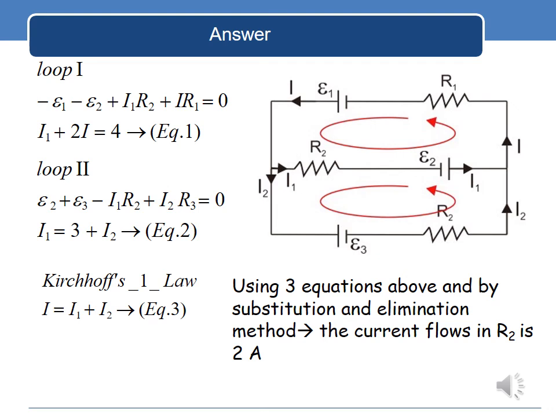For loop 2, you choose this direction of loop. When the red arrow of the loop hits epsilon 2, it hits the positive pole, so you have positive epsilon 2, and also hits the positive pole of epsilon 3, so epsilon 2 plus epsilon 3.